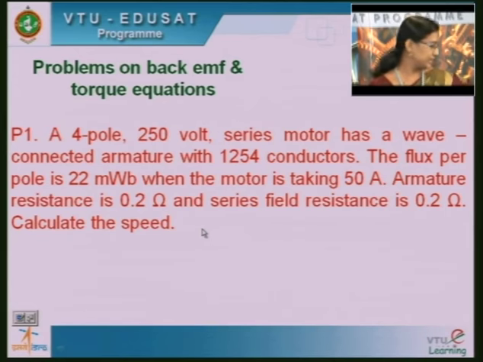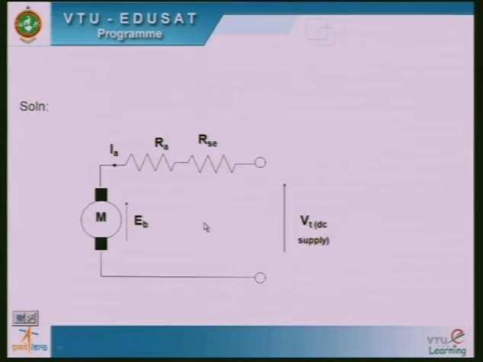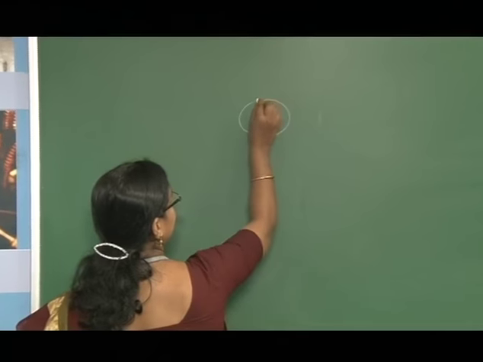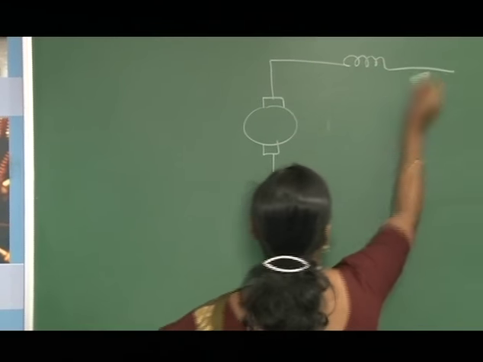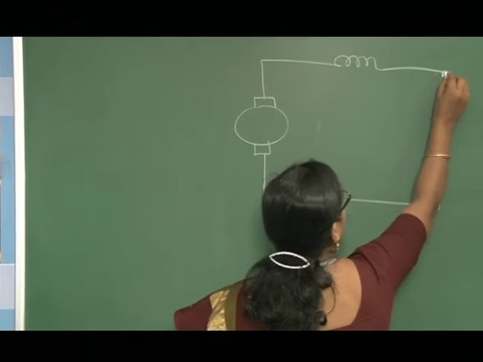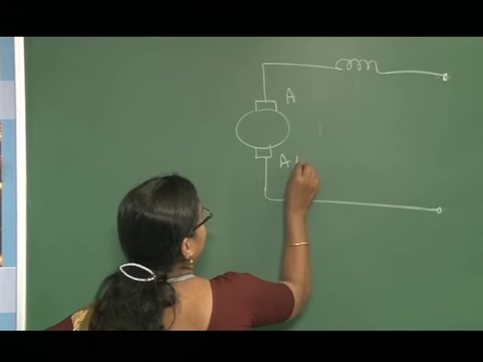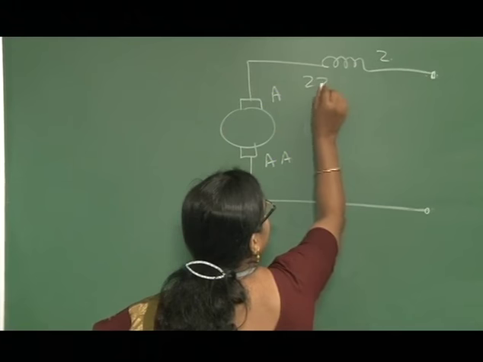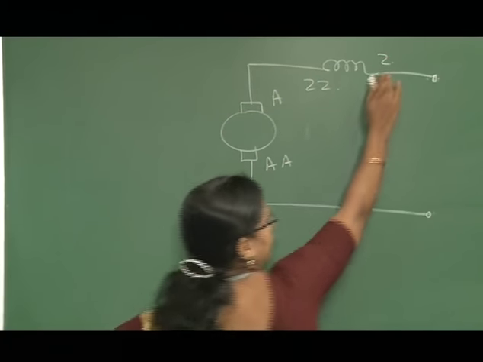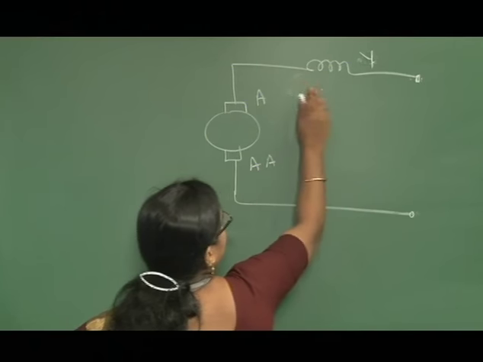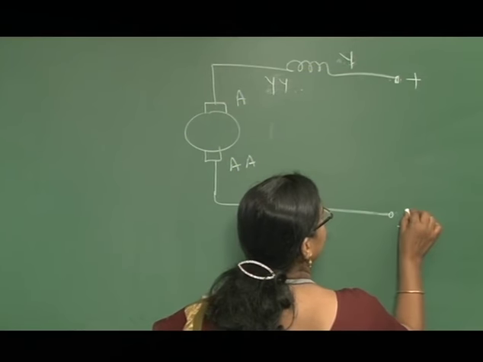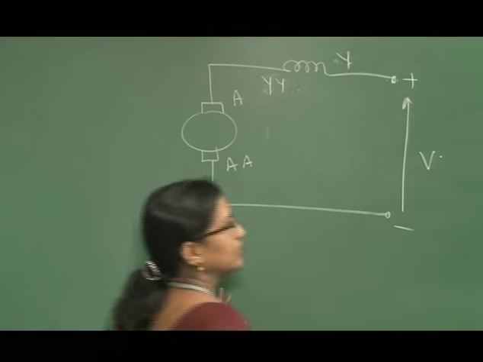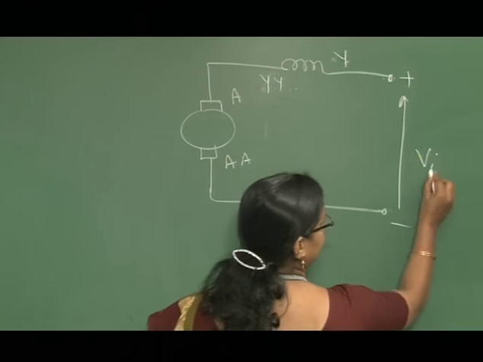Okay, first you collect the data given, and also it is given as series motor, and we know that in case of series motor the armature is connected in series with the series coil. Here this is A, then this is Z, or you can use that Y. Shunt will use this Z, series will use this Y. So, now we are going to give the DC supply, it is of the voltage V, or you can say it is Vt.